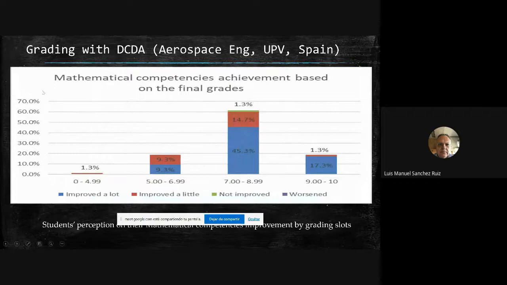It was anonymous, but we distinguish between the grading that they had got previously. In general terms, better students that have got a higher degree have a positive perspective that by doing this, their competencies are improving.